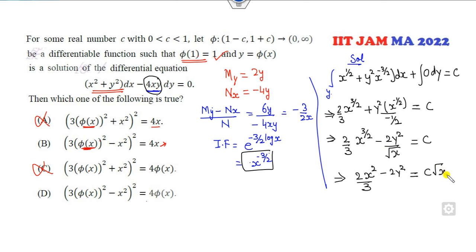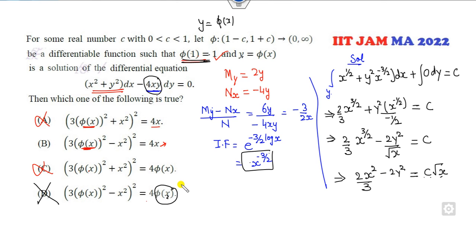I can multiply by root x. So clearly, if I put it as a scaling, it will be x, but here you can see is a y. Phi of x is my y, so this option will be cancelled. You can find the value of c by using this condition, where y is phi of x. So y is 1, x is 1, so this value will be cancelled.